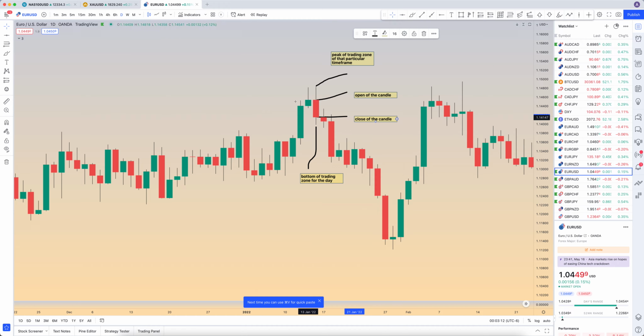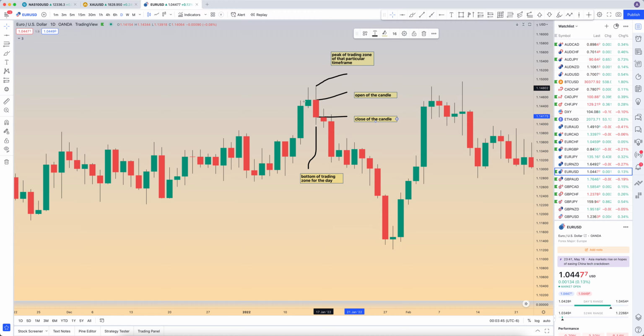Exactly as it says, this is where the price actually opened up, and this is where the price closed for that particular time frame. The wick indicates, like I was saying, as high and low as the price actually went, but the open means on that particular day, that is where the price started, and where the candle body ends is where the price finished at the end of that time frame. In this case, it's the day.